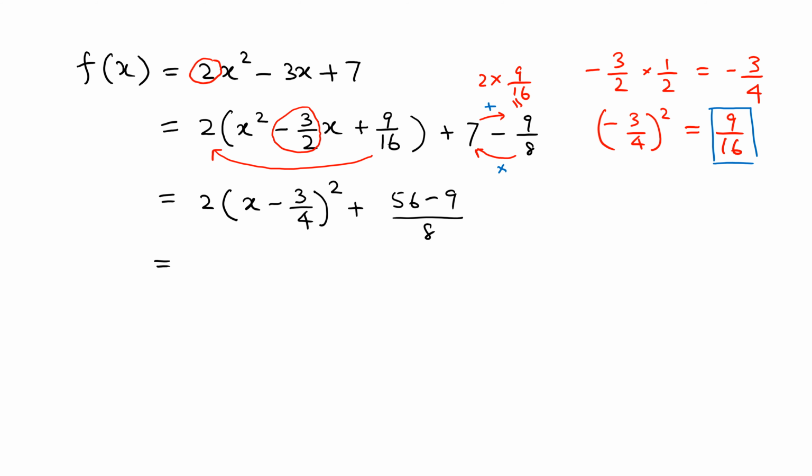That means you're going to get 2(x minus 3/4) squared. And if you simplify, 56 minus 9 means 47, so you get 47 over 8. So that is the complete square for that problem. It's not that difficult, but this is how the algebra works.